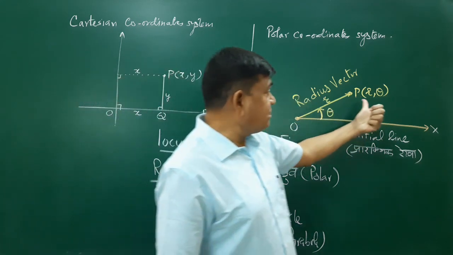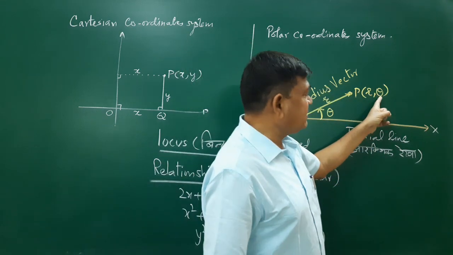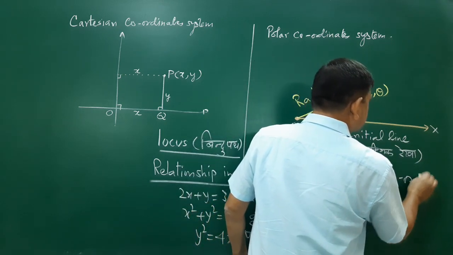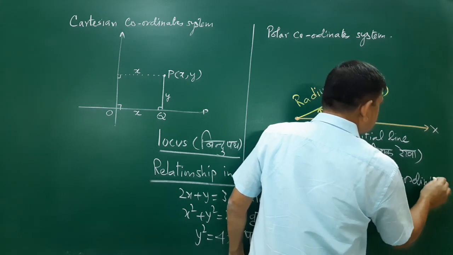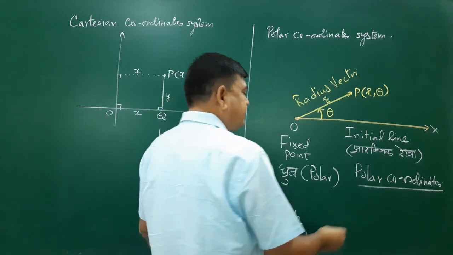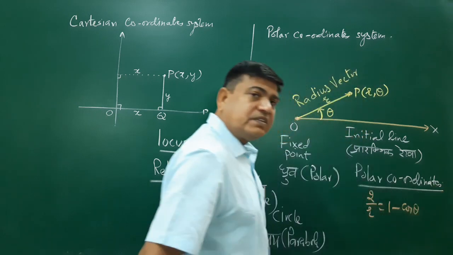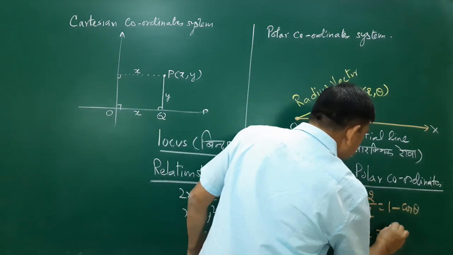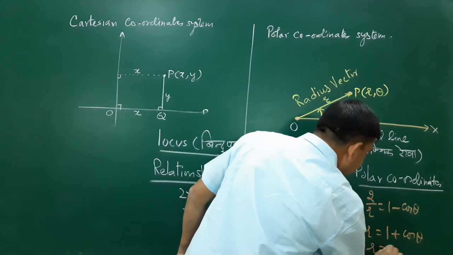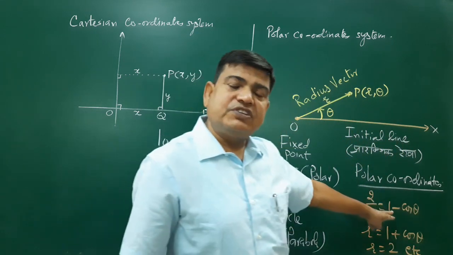But if this point has the coordinates r comma theta, that means polar coordinates, then the equation may be 2 upon r equals 1 minus cos theta, maybe r equals 1 plus cos theta, maybe r equals 2, etc. So this is the polar equation of the curve.